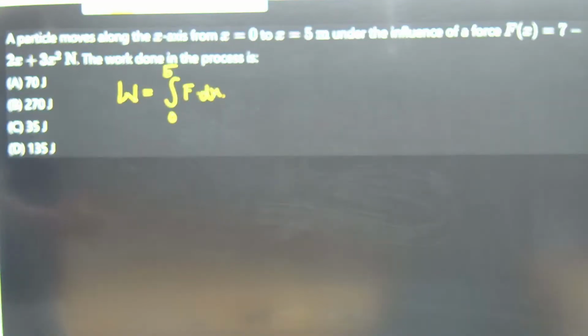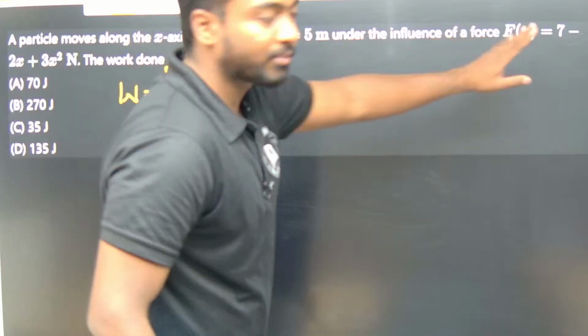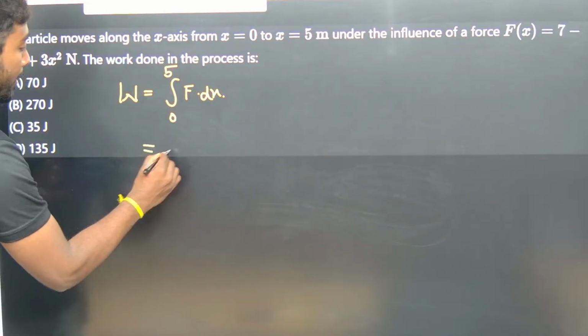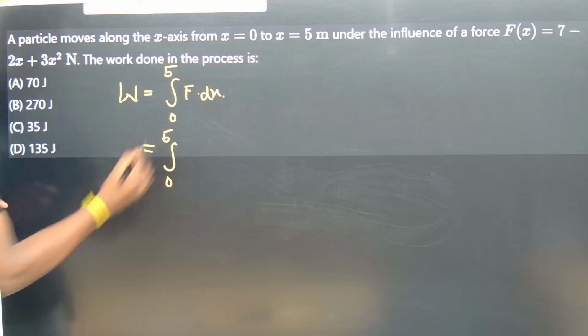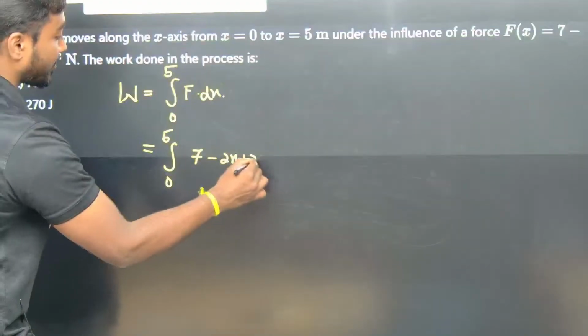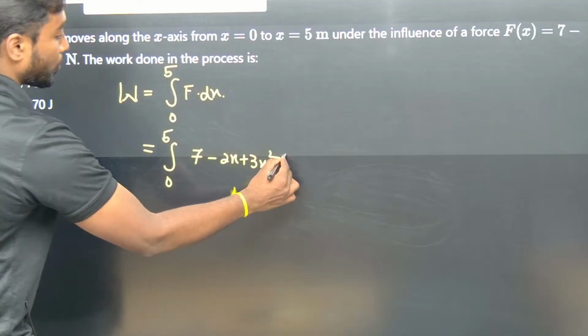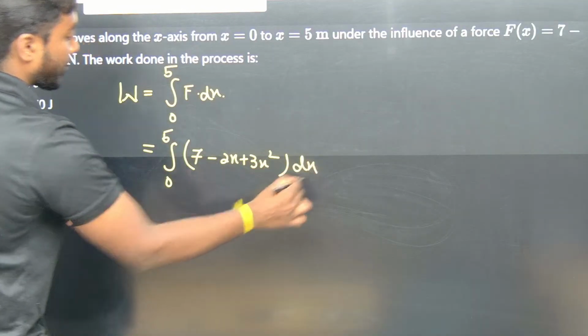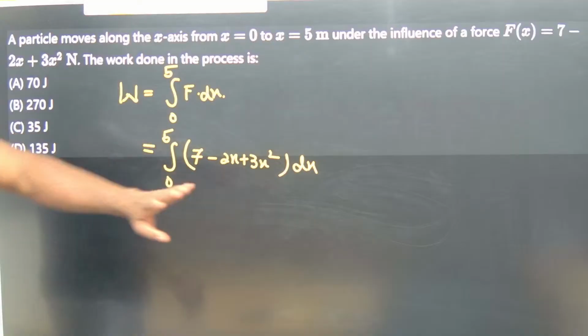Right now, F into dx. F is given in terms of x, so let me take it now. Integral 0 to 5, what is the equation? 7 minus 2x plus 3x square into dx. So I am integrating this equation with respect to x, that's it.